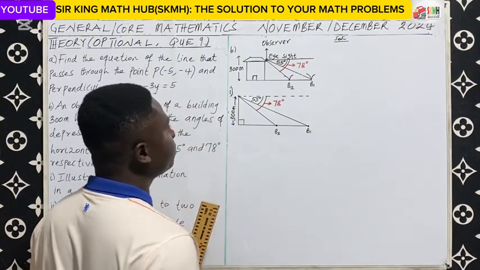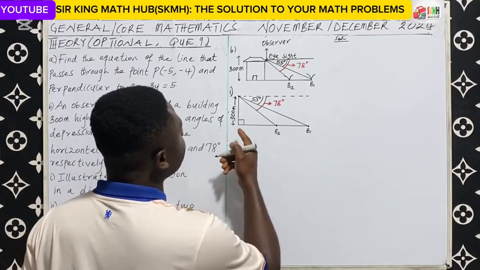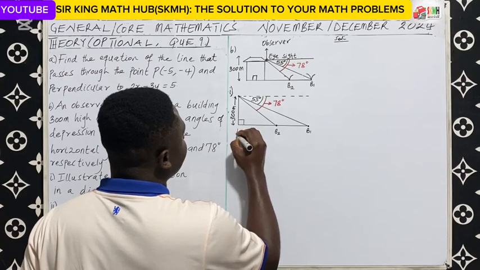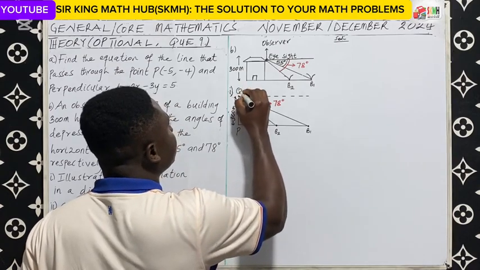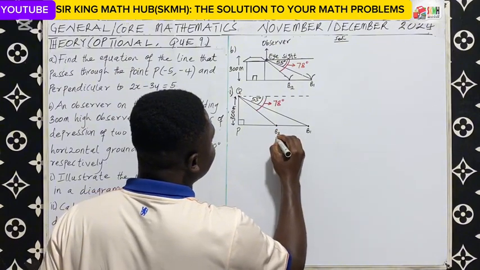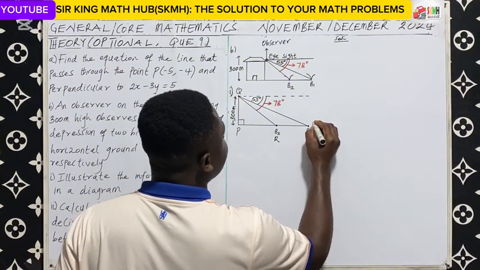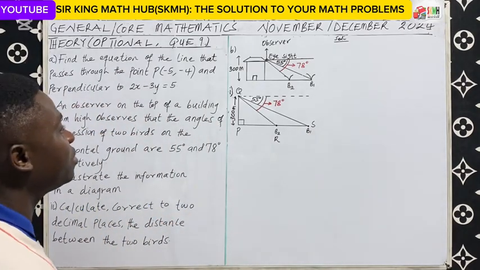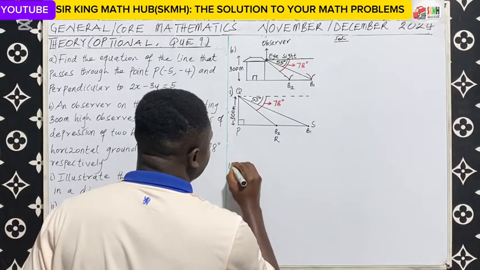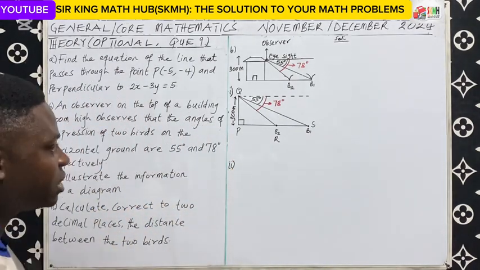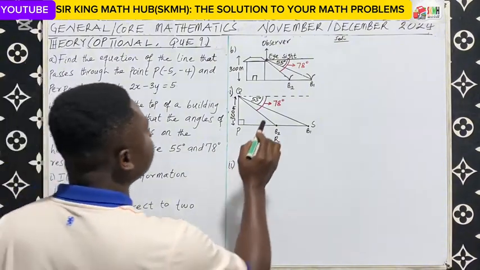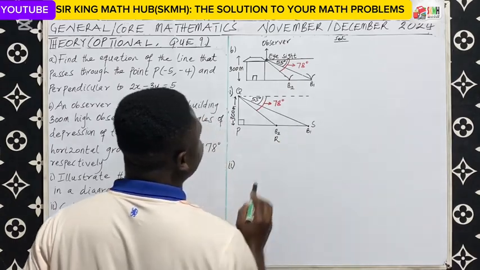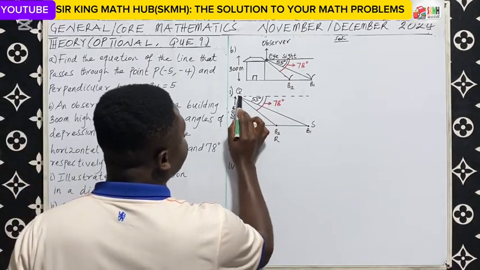So now, this is what I'm going to do. I'm going to name the points on the triangle. I'm naming here as point P, point Q, where the second bed is as point R, and the first bed as point S. Now, there is something we can do. What is the relationship between the 55 degrees and the angle located at point S?